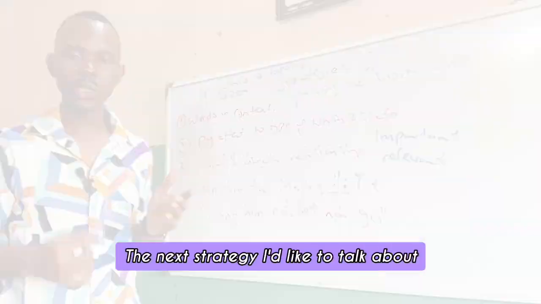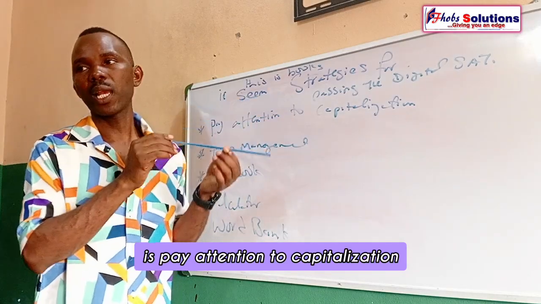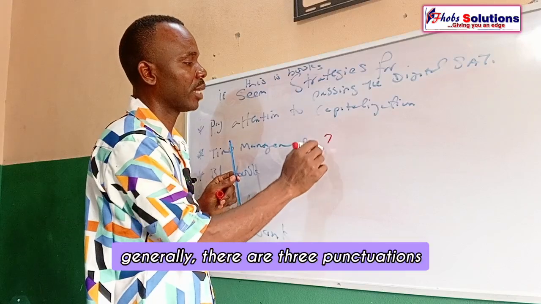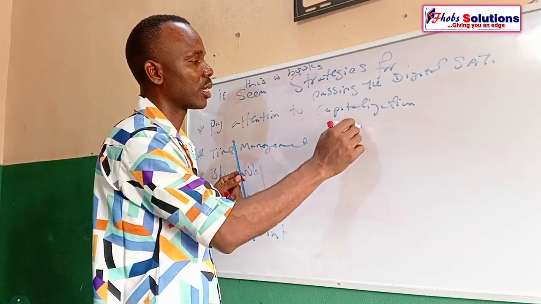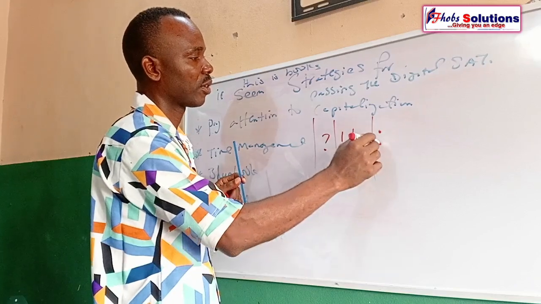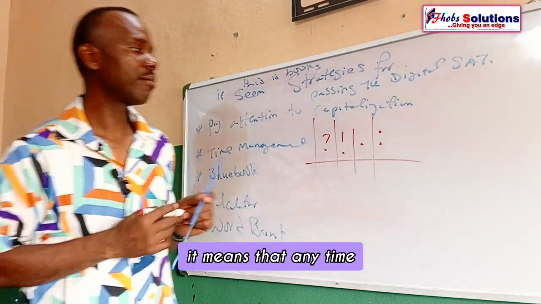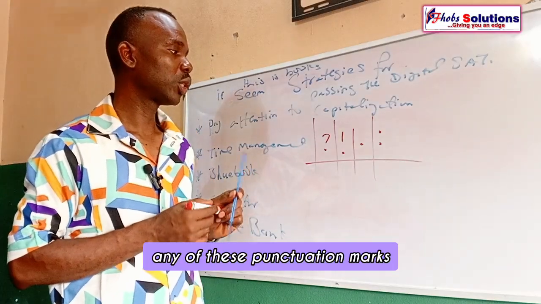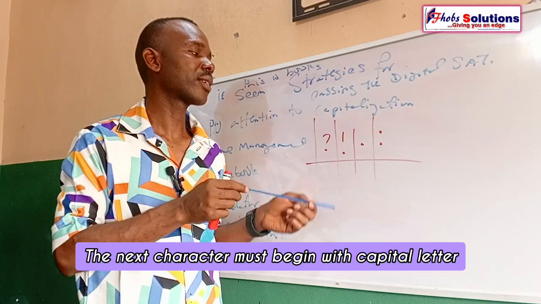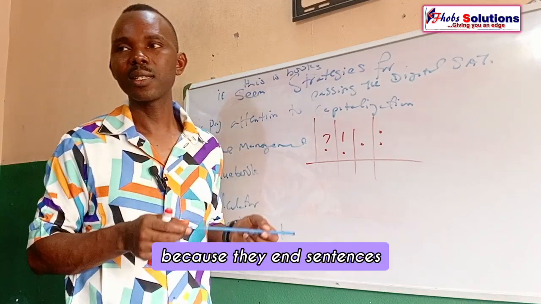And then the next strategy I'd like to talk about is pay attention to capitalization. In English, generally, there are 3 punctuations that can actually end a sentence. Actually, there are going to be 4. Now, it means that anytime any of these punctuation marks appears, the next character must begin with a capital letter because they end sentences.